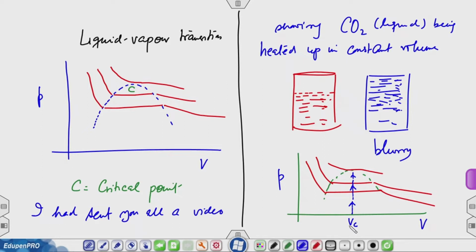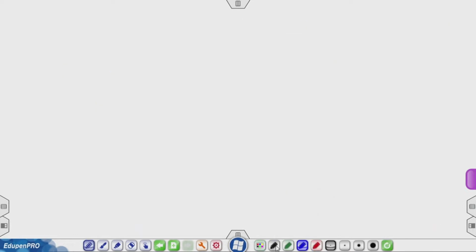So this is isochoric heating of the gas. And it reaches this critical point. And when it goes above, this is supercritical, then there is no difference between liquid and vapor.